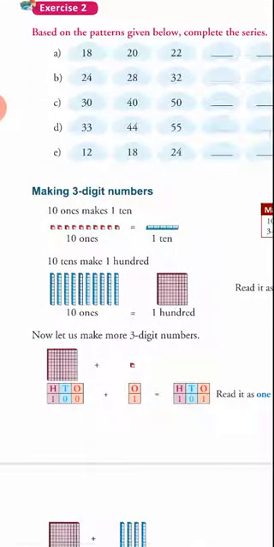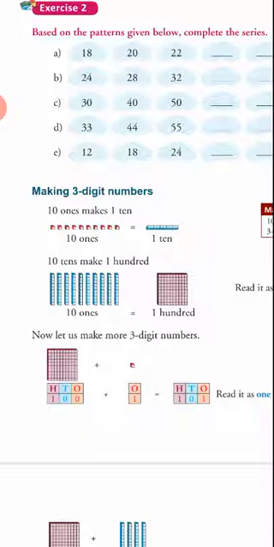Then in B part we have another numbers in which we are having 24, 28 and 32. Now you can see this is skip count by 4s. Now because 28 minus 24 is 4, 32 minus 28 is 4.